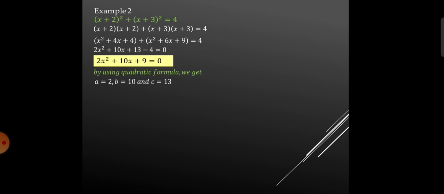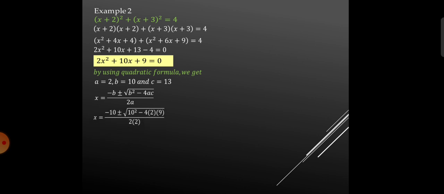A here is 2, b is 10, while c should be 9, not 13. The quadratic formula is given that x is equal to negative b plus minus the square root of b squared minus 4ac over twice a. Then substitute the values of a, b, and c. Again, c there is 9, no longer 13.